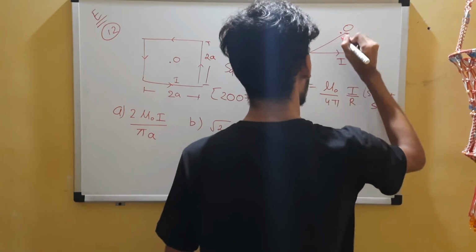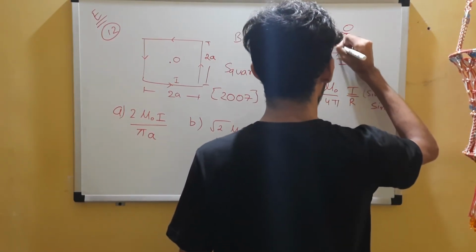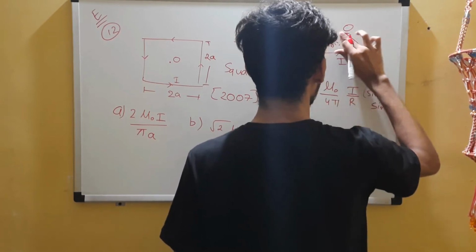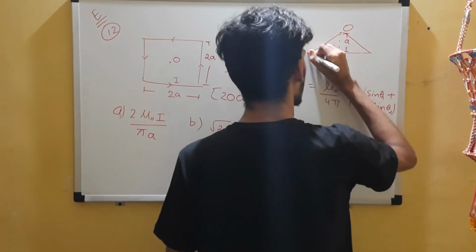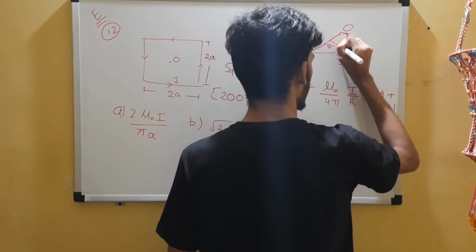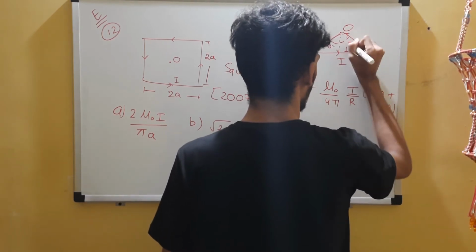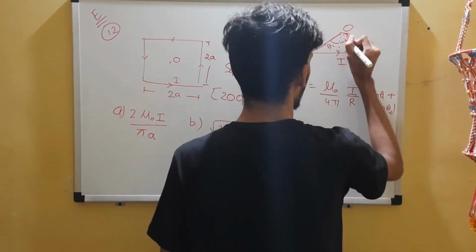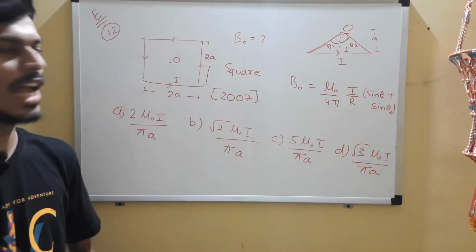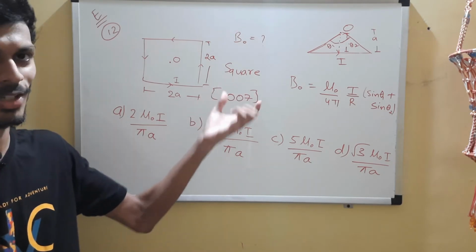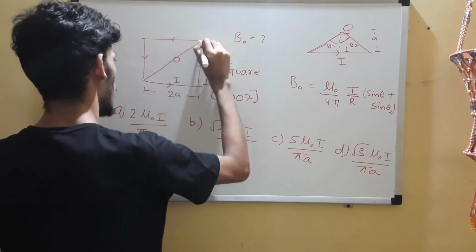So what are theta 1 and theta 2? Let us draw it over here. Theta 1 is this angle and theta 2 is the angle over here. We have to find theta 1 and theta 2, and since we know it is a square, it is no big deal. You can easily see that the diagonals will bisect this angle.